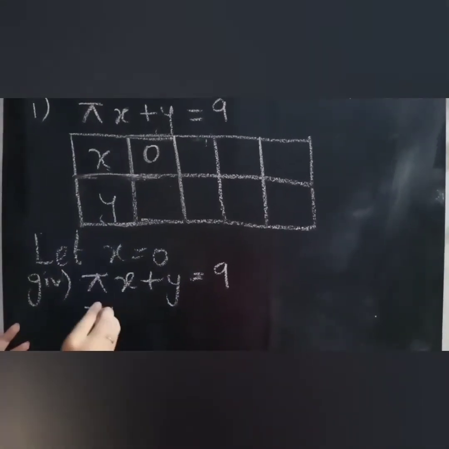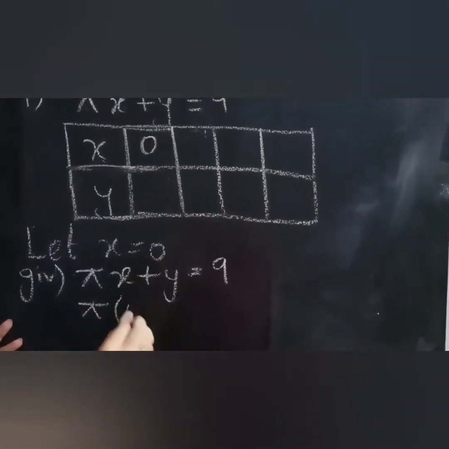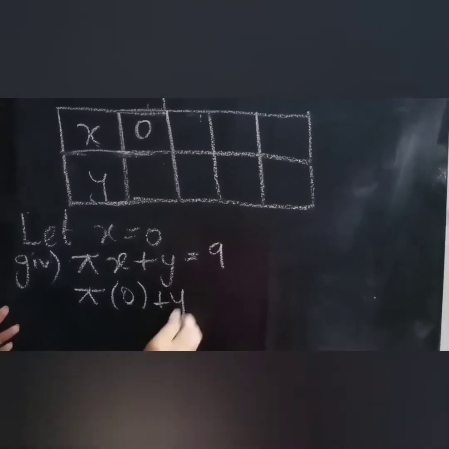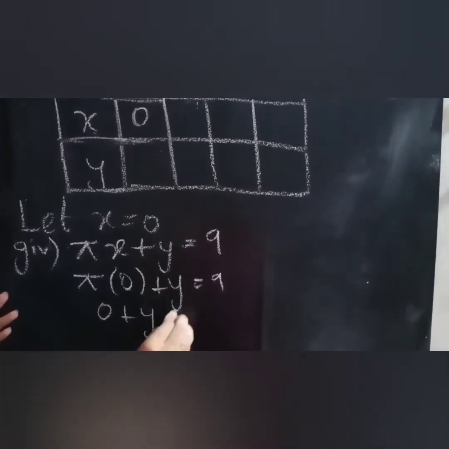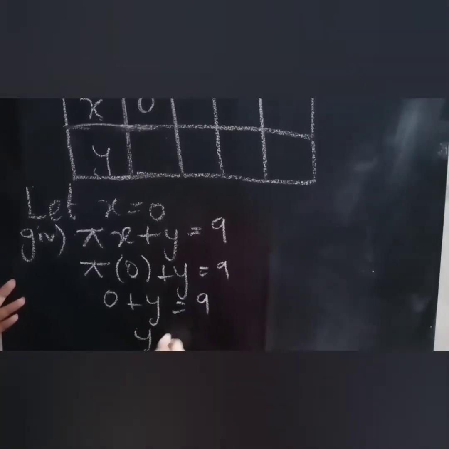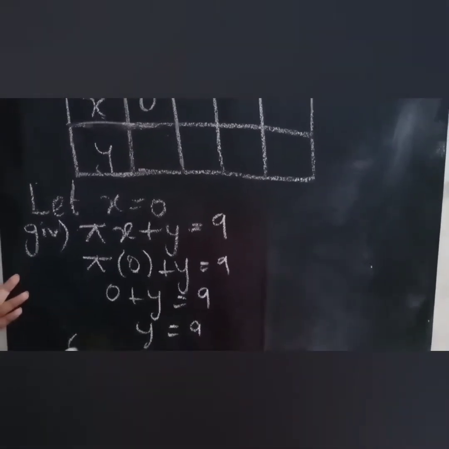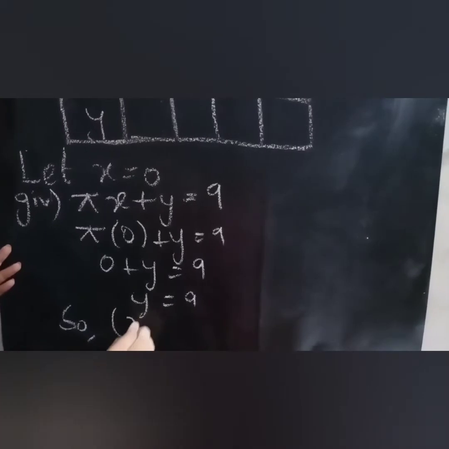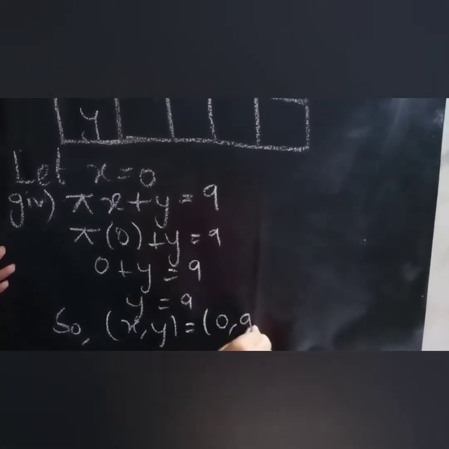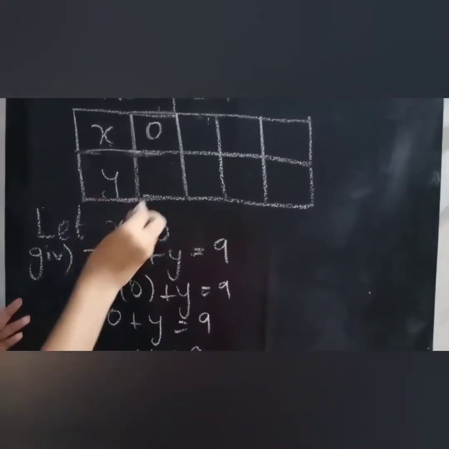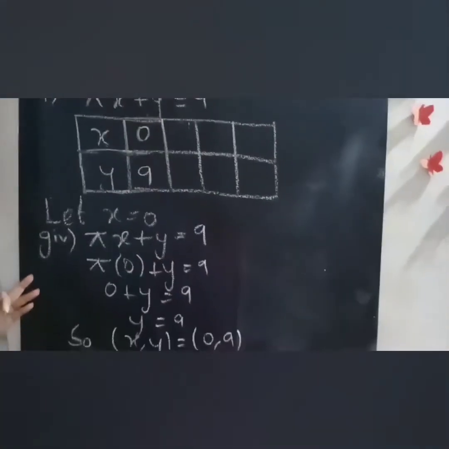So pi into 0, that is 0, plus y equal to 9. So y equal to 9. A solution should be in the ordered pair of x comma y. Here x value 0, y value 9. So the point is 0 comma 9.